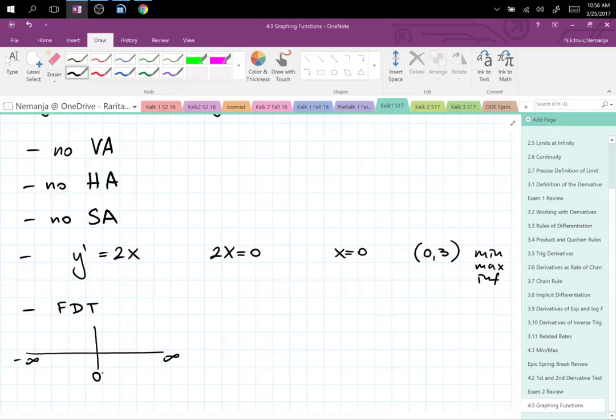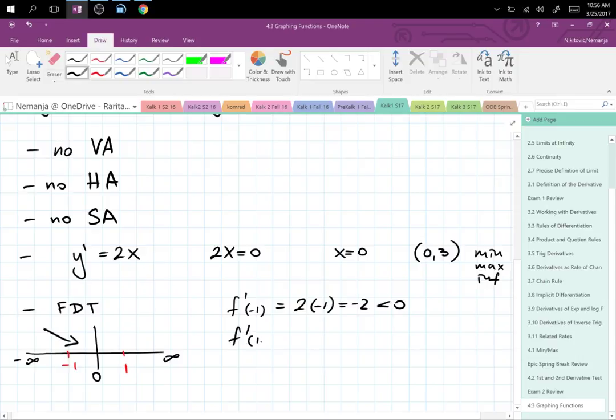We are going to pick 2 test points, -1 and +1, let's say, and do the first derivative test. The first derivative computed at -1 is going to be 2 times -1, which is -2. We see that the function is decreasing on that side because it's less than 0.